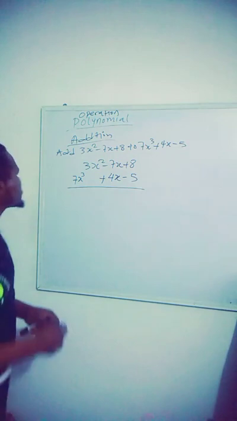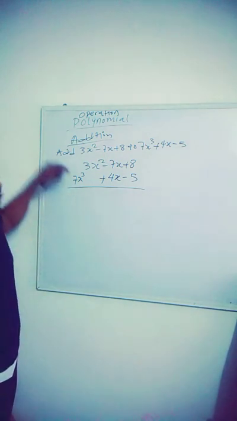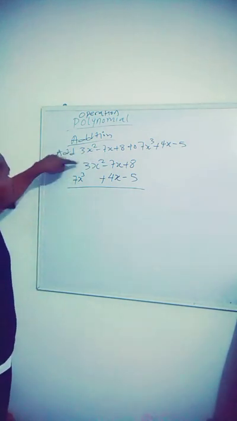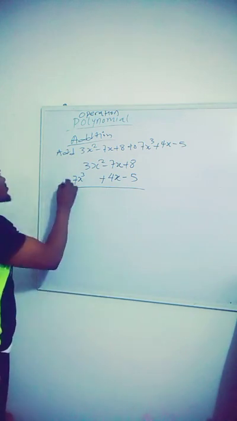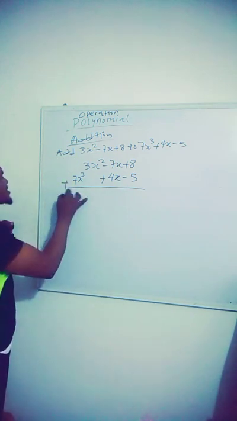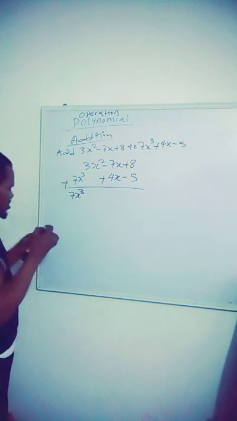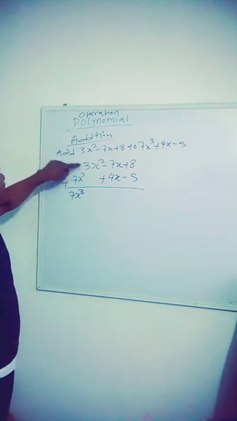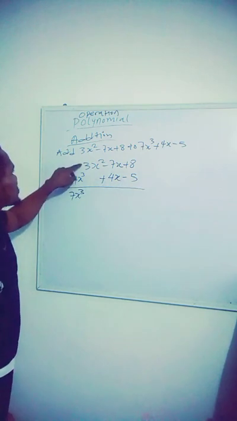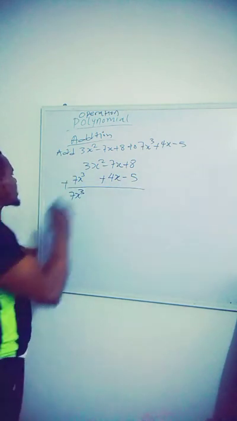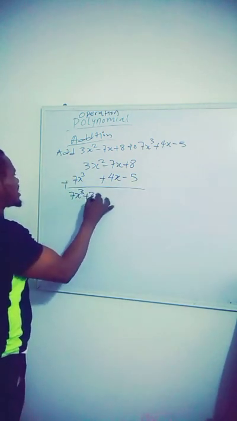Now let's add. The first expression does not have power of 3. It means it's 0 plus 7x raised to power 3. That is 7x cubed. Now, at this point, there is 3x squared, but there's no x squared here. So it's going to be 3x squared plus 0. So that is plus 3x squared.